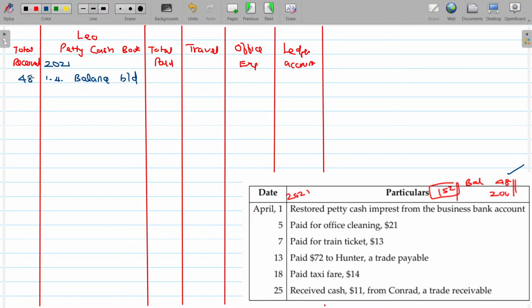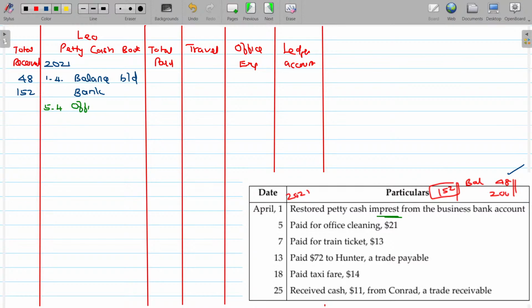But as per the imprest balance, we need to maintain 200 rupees. 152 should be brought in. 152 should be brought in on the same day, cash or bank. Now record the payments. Restore the petty cash imprest from business bank account. We have completed. Paid for office cleaning on 5th April.